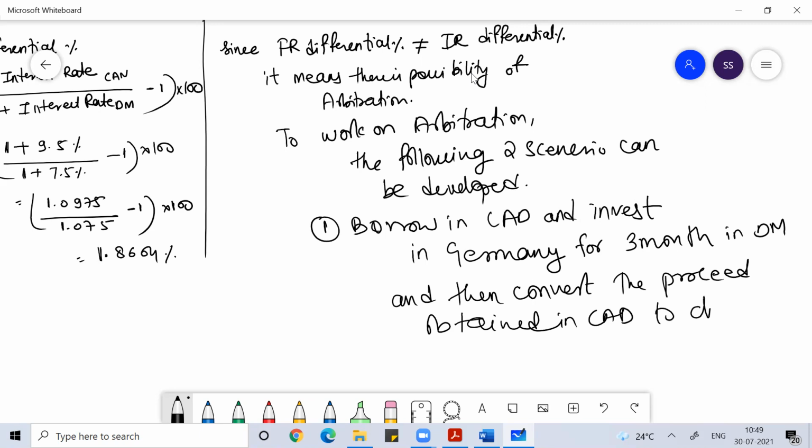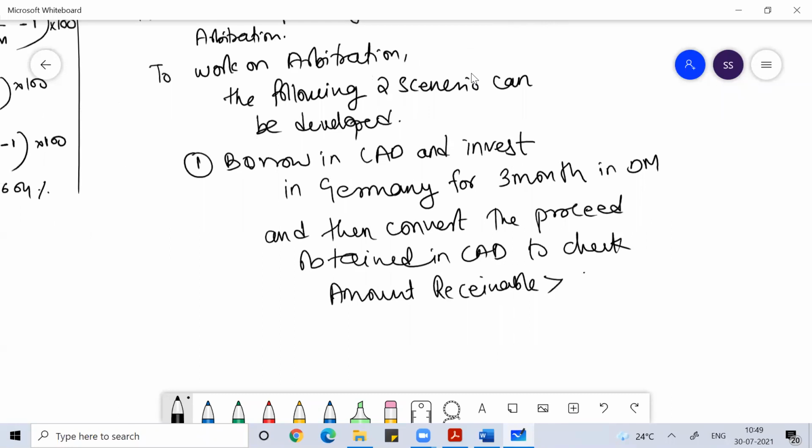Then check the amount receivable. Is the amount you're receiving now more than the amount to be paid on the borrowing?